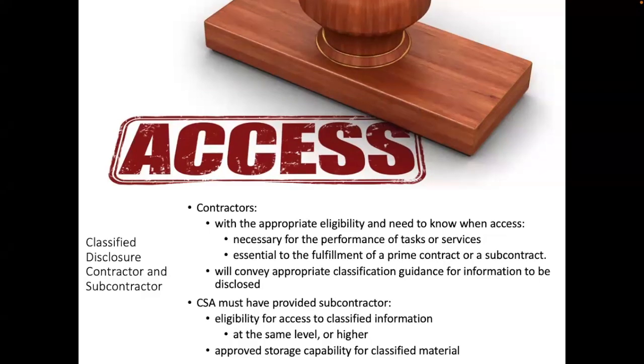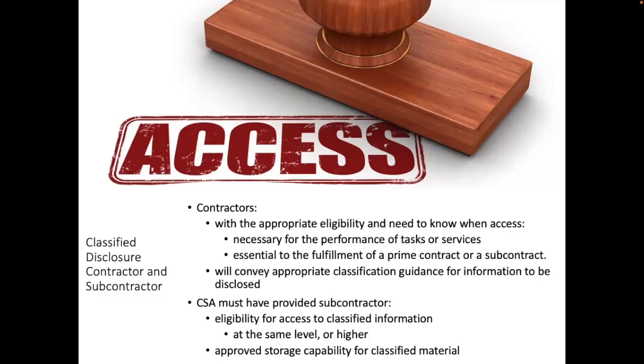And this approval also goes with government contracting activities. If you have a contract with the Department of the Army and one of their program executive offices, you can't share that information with another program executive office without that OCA or that government contracting activity's permission.